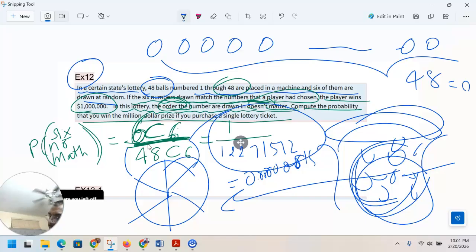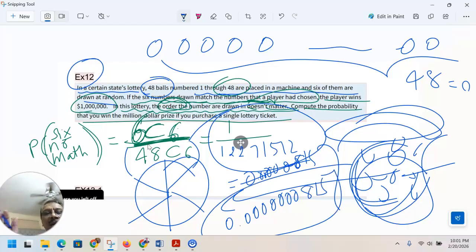Let me check to make sure we are correct: 1, 2, 3, 4, 5, 6, 7, so there have to be 7 zeros. So it is 0.0000000815. Just keep this. That's it, you are done.